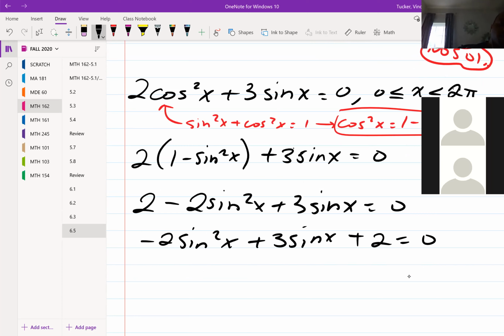Then, because I have this negative, and these are just algebraic things you would do, if you have a negative on your leading coefficient, you'll multiply the whole thing by -1 or factor out a -1 so you don't have that negative sitting on your leading coefficient.